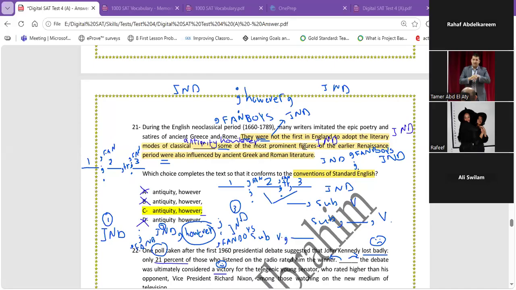Where here are the two contradicting each other, Raf? But here it says: During the English New Classical period 1660-1789, many writers imitated the epic poetry and satires of ancient Greece and Rome. They were not the first. So the contradiction is between sentence 1 and sentence 2.